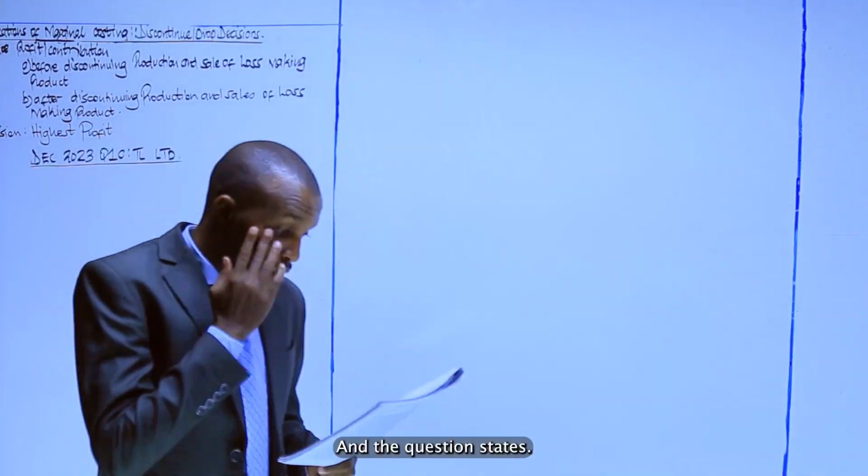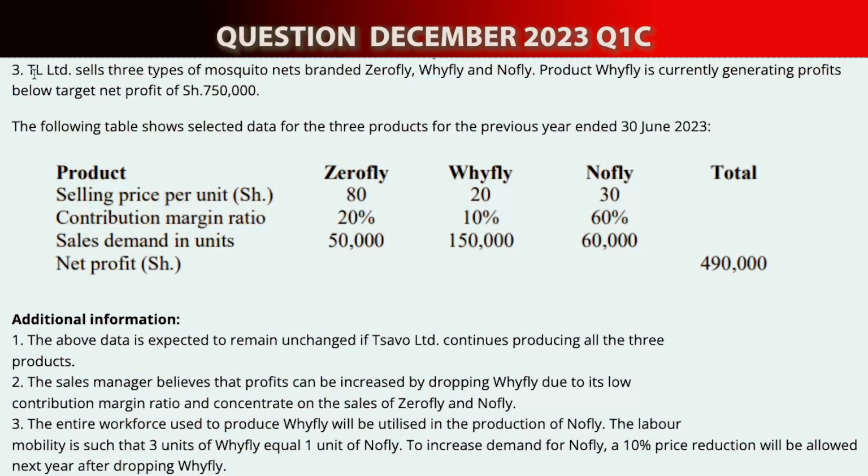The question states, TL Limited sells 3 types of mosquito nets branded Zero Fly, Y Fly and No Fly. Product Y Fly is currently generating profits below a target net profit of 750,000. The following table shows the selected data for the 3 products for the previous year ended 30th June 2023.